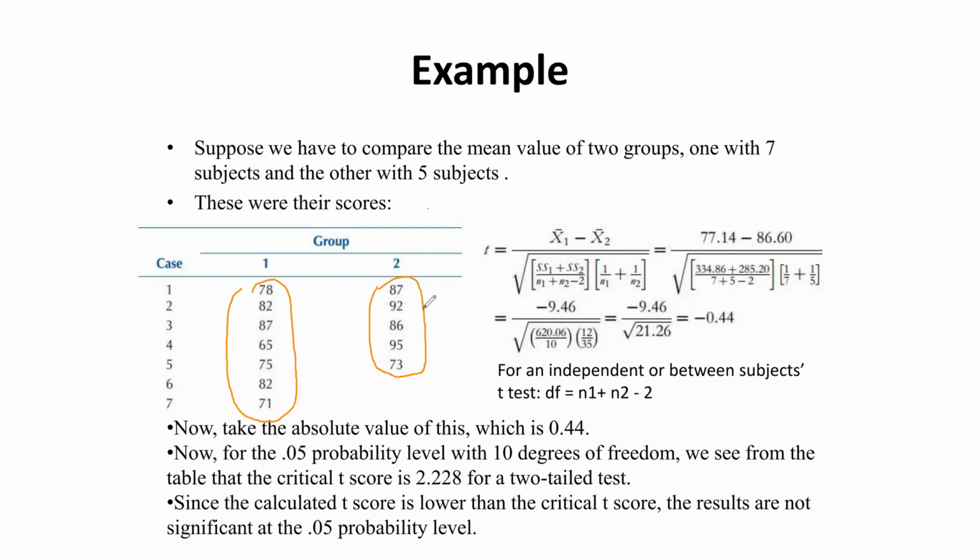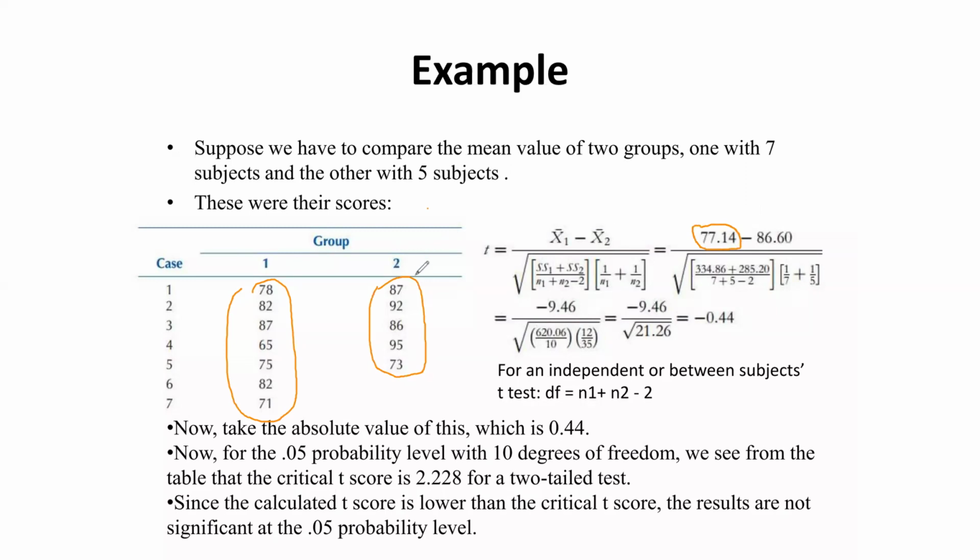Then we now take the mean of group 1. And how do you take the mean of group 1? You add 78 plus 82 plus 87 plus 65 plus 75 plus 82 plus 71, divided by 7. And that gives 77.14.